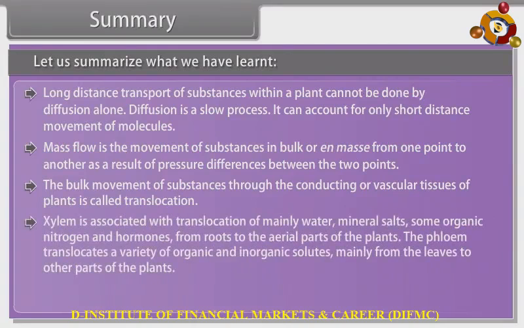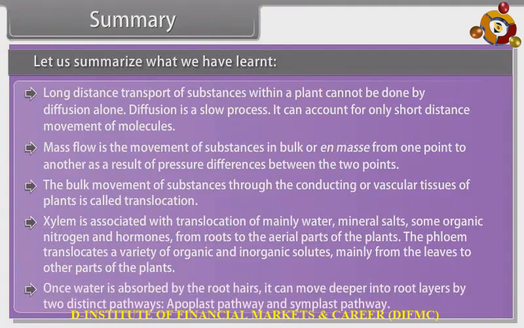Xylem is associated with translocation of mainly water, mineral salts, some organic nitrogen and hormones from roots to the aerial parts of the plants. The phloem translocates a variety of organic and inorganic solutes, mainly from the leaves to other parts of the plants.